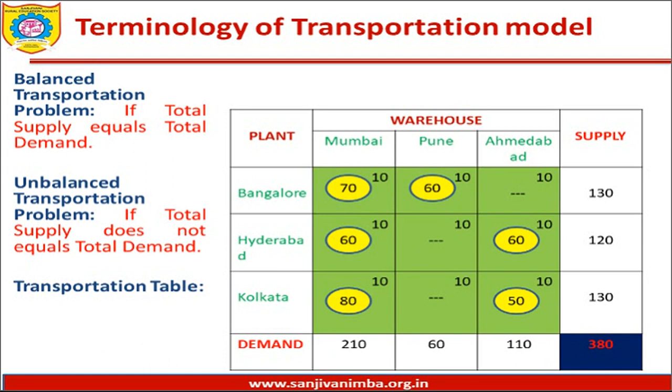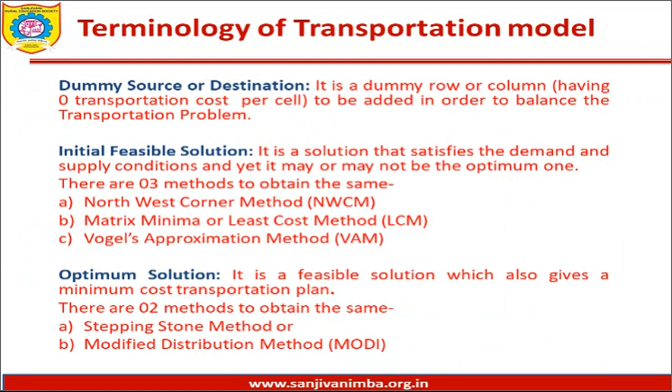Okay, now moving further, just to understand another terminology, there is a terminology called dummy source or destination. A dummy source or destination is a dummy row or a dummy column having zero transportation cost per cell, to be added in order to balance the transportation problem. Friends, to move into transportation problems, we every time require a balanced transportation problem.